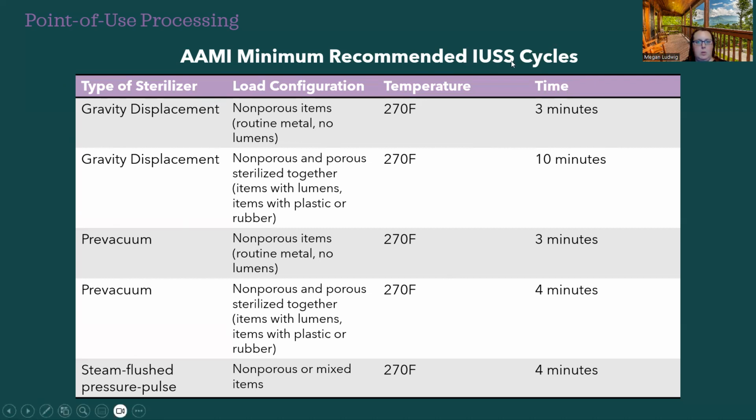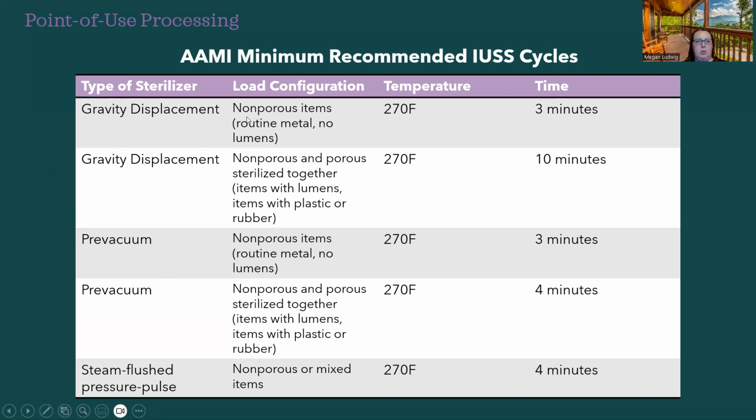Okay, so this is for your IUSS cycles, immediate use steam sterilizers. So there are basically three different types of IUSSs: gravity displacement, a pre-vacuum steam sterilizer, and the steam flushed pressure pulse. I think in my facility it was a pre-vacuum. That was pretty common. These top two are very common.